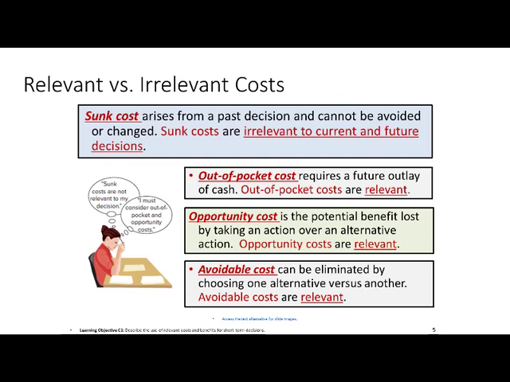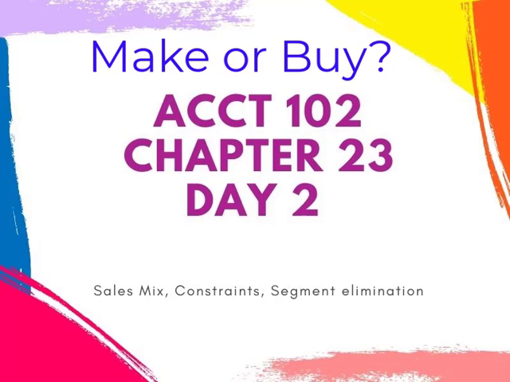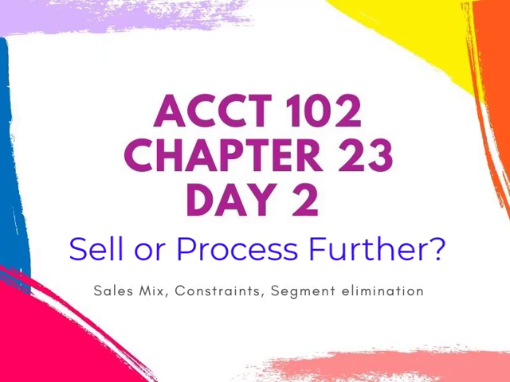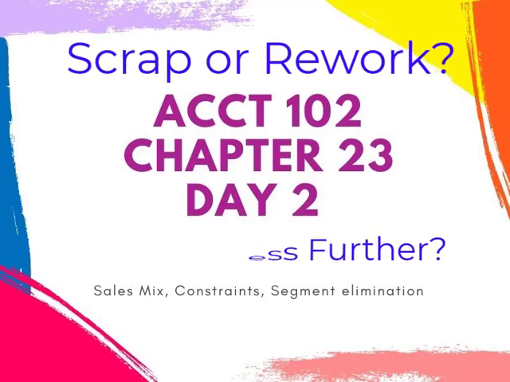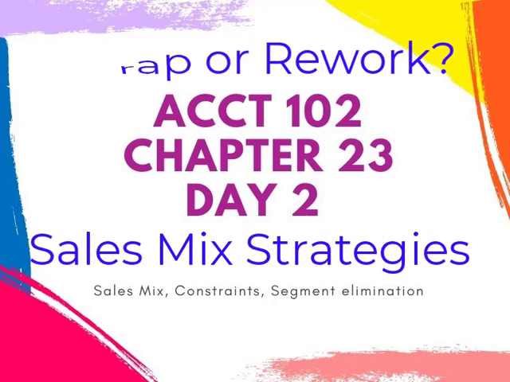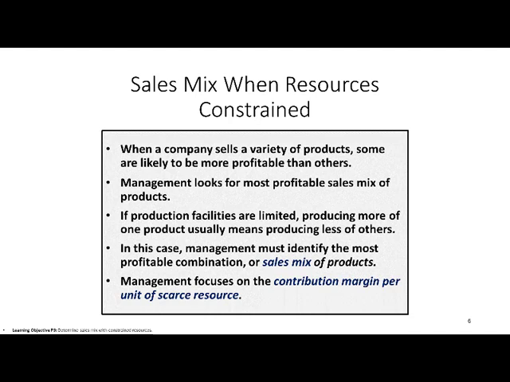We then went on to learn about production decisions. These included such things as make or buy, whether to sell or process further, whether to scrap or rework. We also took a look at sales mix strategies with both internal and external constraints.